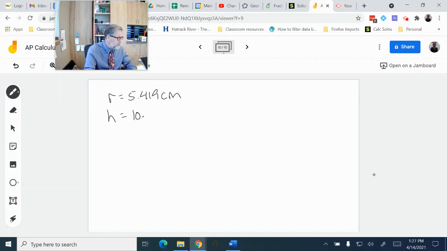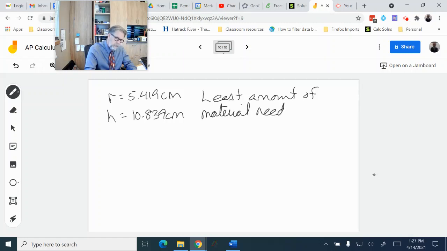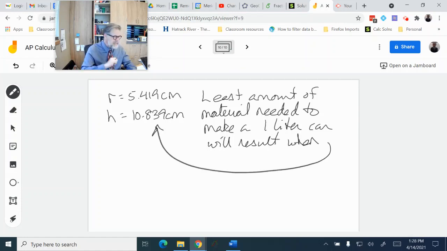I get a height of 10.839 centimeters, which means that the least amount of material needed to make a 1 liter can will result when the radius of the can is 5.419 centimeters. The height is 10.839 centimeters.